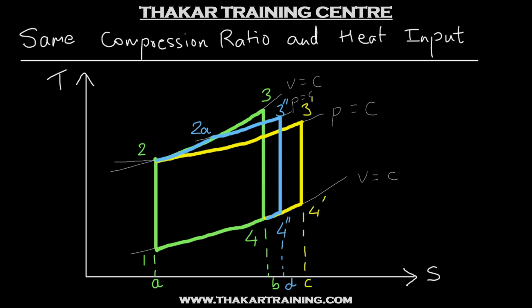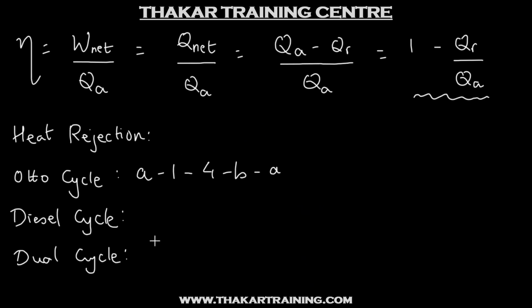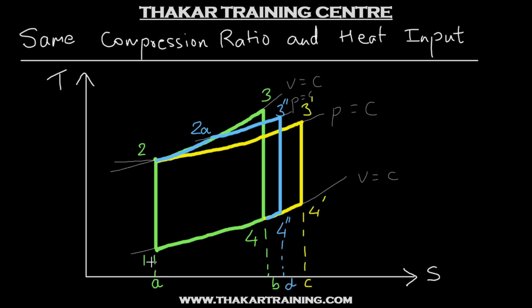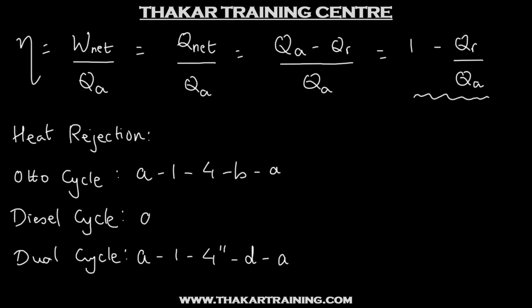And what about the diesel cycle? It is going to be A1 4 dash C. So this entire area is the heat rejection process for the diesel cycle. So the heat rejected will be area A1 4 dash CA.